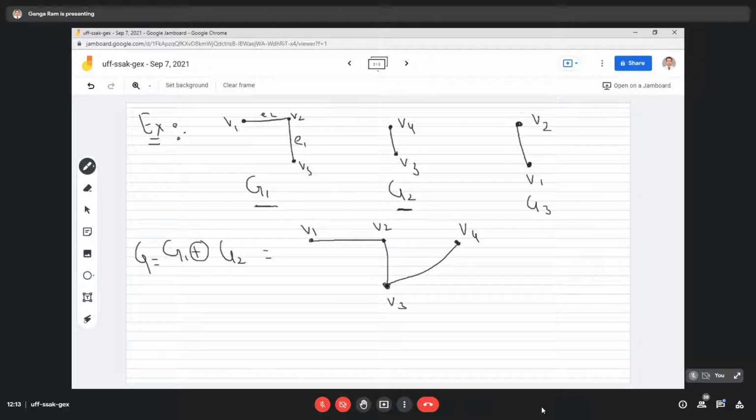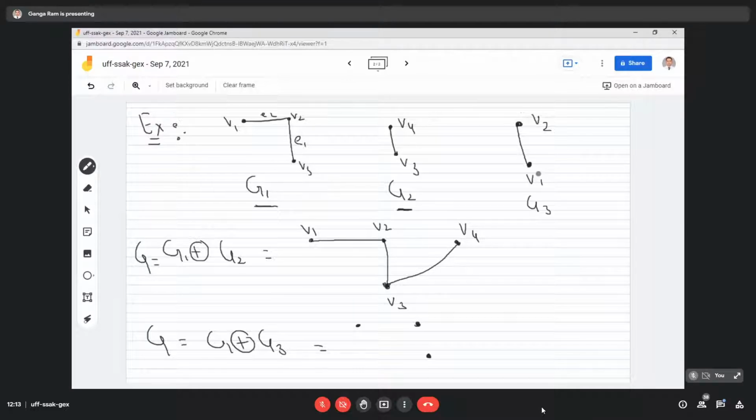Now what is the ring sum of G1 and G3? The union represents the vertices in G1 and G3.